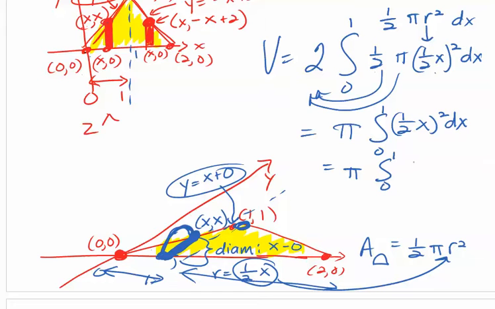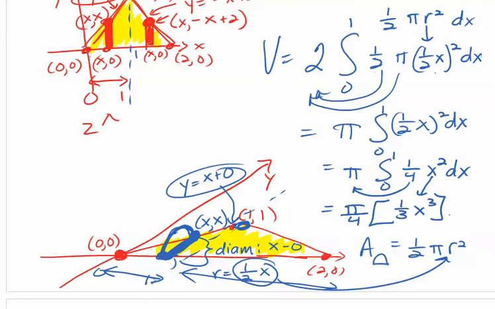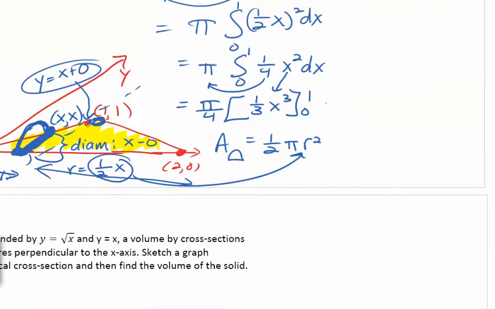This is going to give us a 1/4 of x squared dx, and you could bring the 1/4 out too, pi over 4, and now we would just have to do the antiderivative of x squared, so that would be 1/3 x cubed from 0 to 1, and the doubling was already in there.